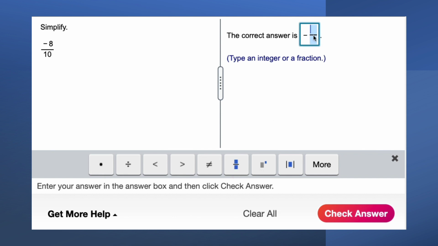This will give us a space to write a number on top of the fraction bar and beneath the fraction bar. First, we're going to type in the 4 for our numerator. Next, we'll take our cursor and click beneath the fraction bar to move our cursor underneath that bar. And we'll type in a 5. Once we typed in our fraction, we can select Check Answer.